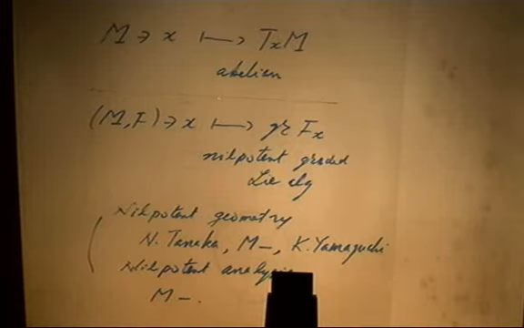But when we start with a filtered manifold, the first order approximation at each point x we regard as a graded nilpotent graded real algebra. That is a different starting point.